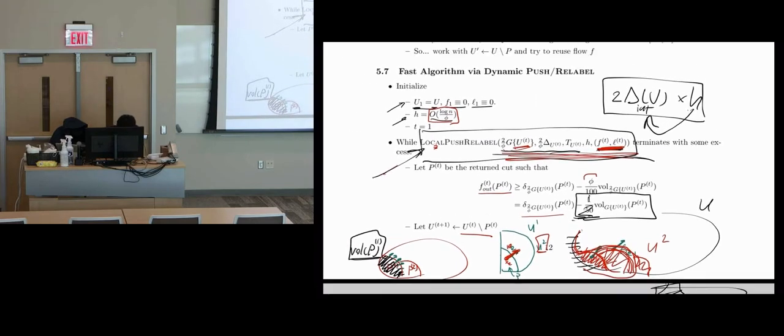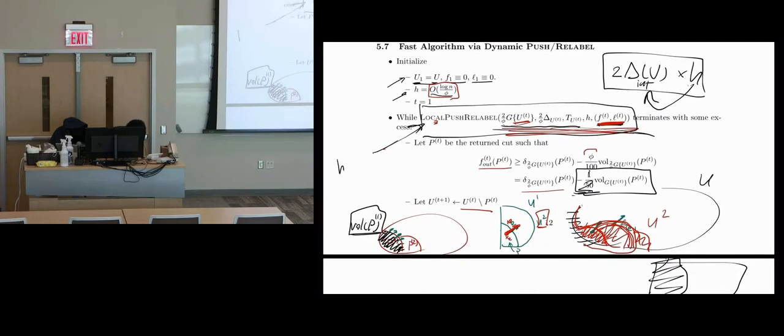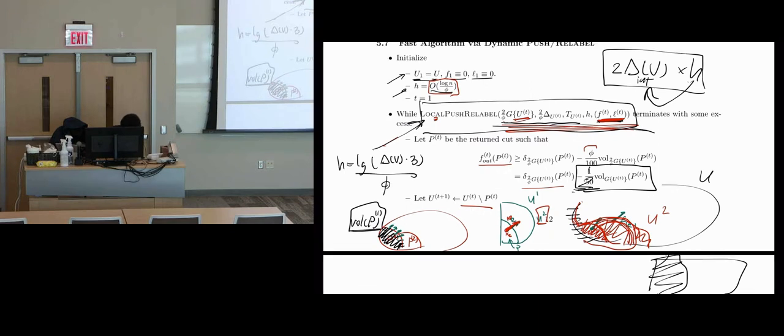I think it's safe to set H to be log of the total mass times 3 over 5, or maybe with some constant here. This should work. I just need to do the math, I think.